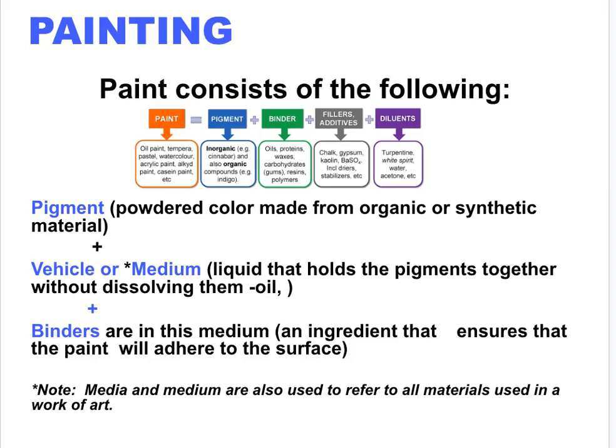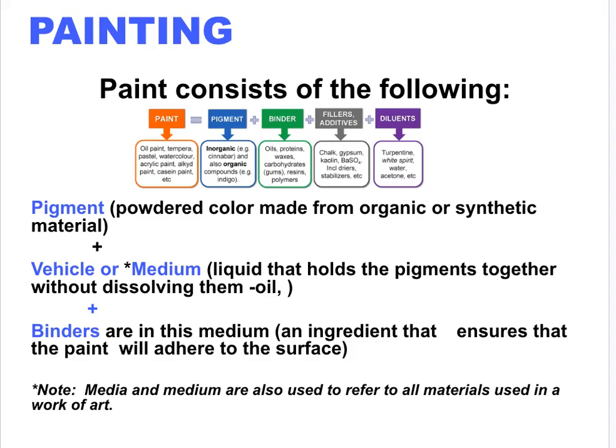There's oil paint, tempera, pastel, watercolor, acrylic paint, alkyd paint, casein paint, and other kinds as well. Then there is an equal sign, because these things to the right of paint are things that are combined together. Some paint products will have more or less, some won't have a few of these things at all, but there's some combination of these things in most paints.